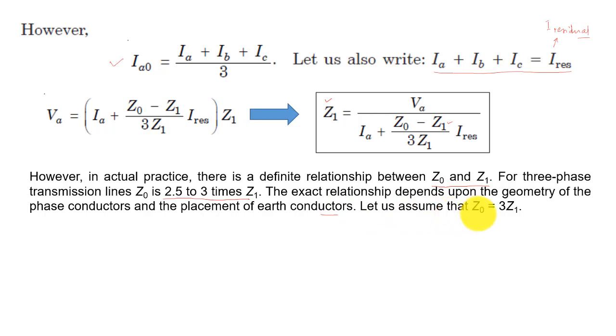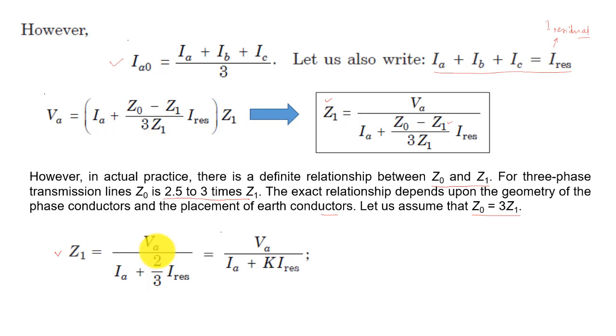Let us assume Z0 equal to 3 Z1. Now substituting this, the equation will become Z1 equal to VA by IA plus 2 by 3 I residual. Now Z1 is eliminated from the right hand side just by taking the empirical relation, and that I can write equal to VA by IA plus K I residual.